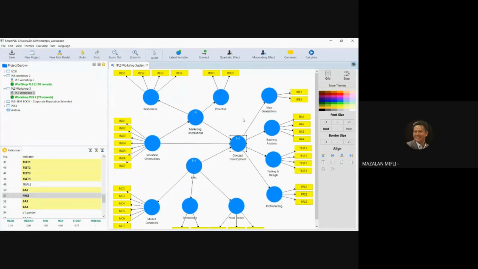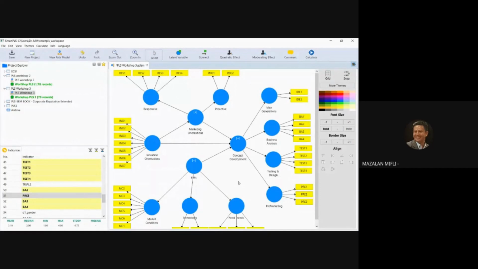So now I've already brought this data into PLS, and in PLS3 you need to run the measurement models. Unlike PLS2, where you use the normal PLS algorithms, PLS3 will become more and more rigid as we move forward.